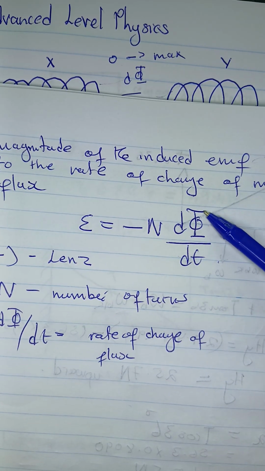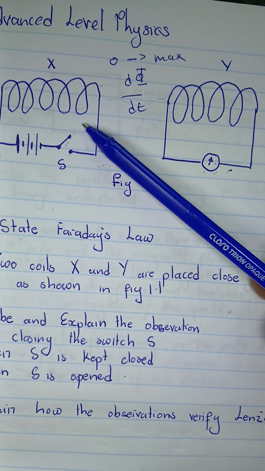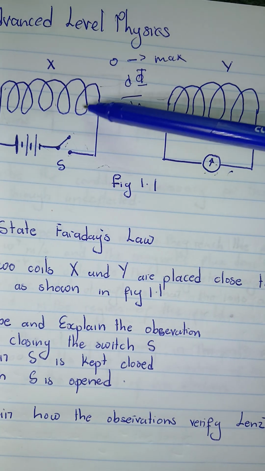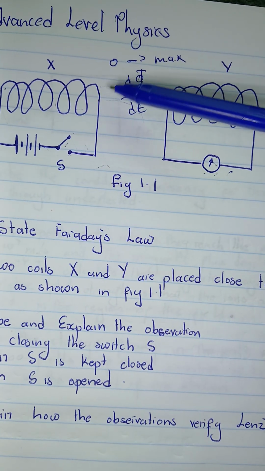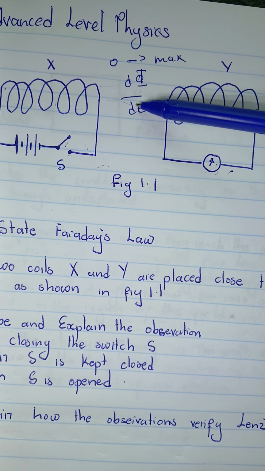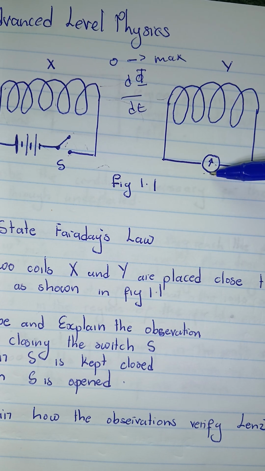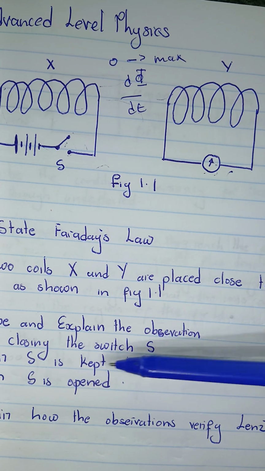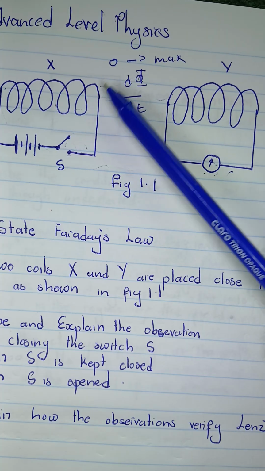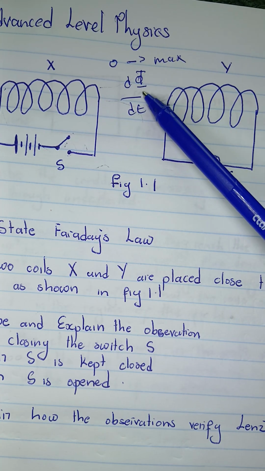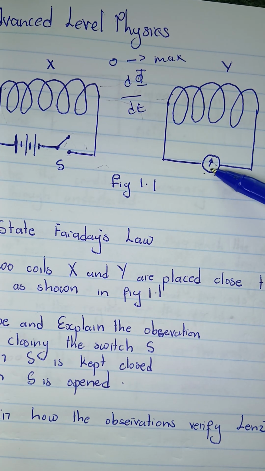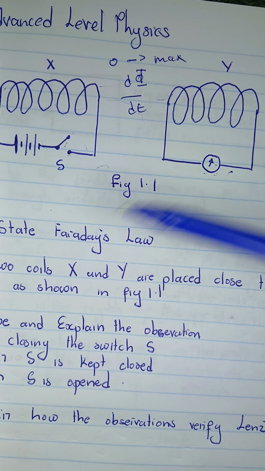Only a change in current will cause a change in the magnetic flux, and that's why we can record an EMF. So when S is kept closed, there is no change in current, so there's no change in magnetic flux, so the galvanometer remains at 0.